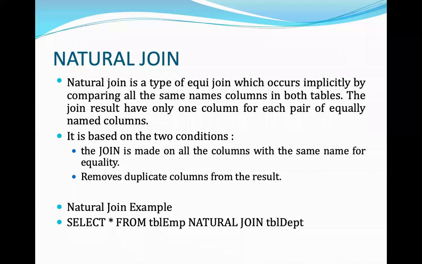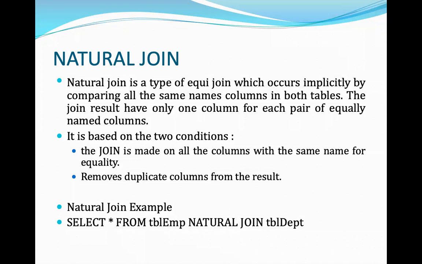And in the library table we also have the student ID as the foreign key. With the help of this column, which is common in both, we join the two tables.